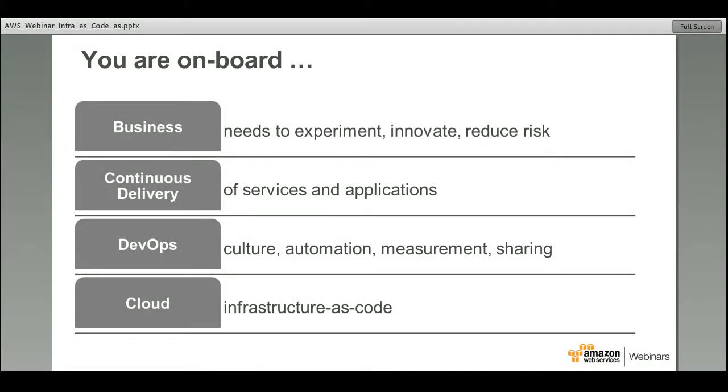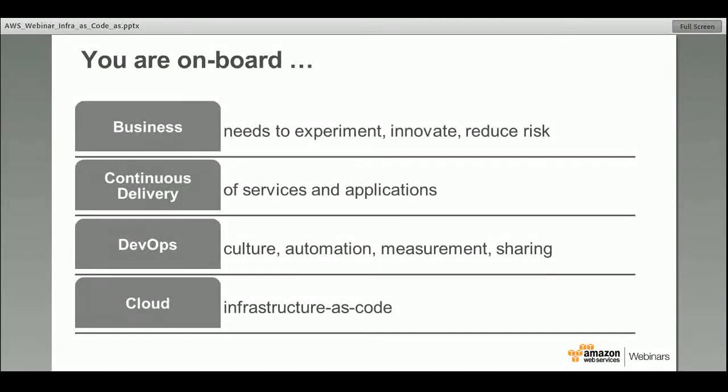And finally, cloud in general and infrastructure as code in particular supports continuous delivery and DevOps, because with infrastructure as code, you can treat the infrastructure that you need just like any other software that you build. Any infrastructure that you need, whether it's compute instances or SQS queues, is an API call away.